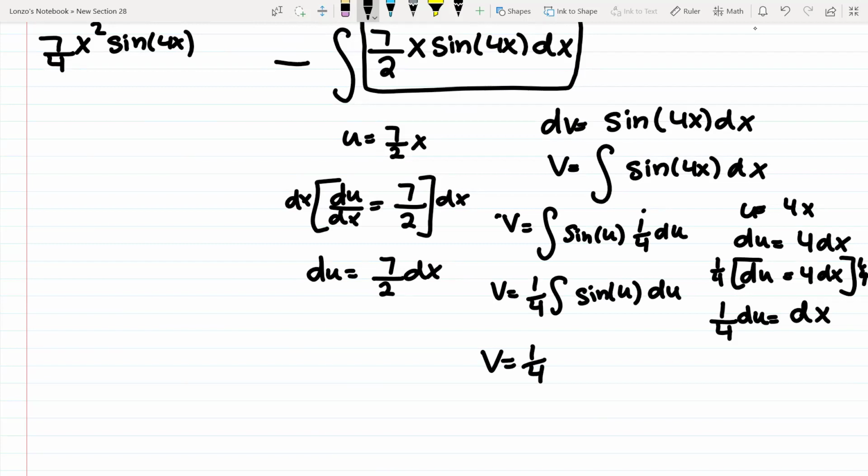Negative cosine u. So I'll put a minus here. So I'm going to distribute this minus in front of the 1/4. So our v is negative 1/4 cosine of 4x.